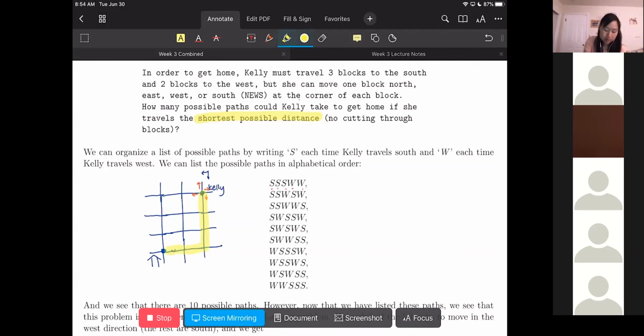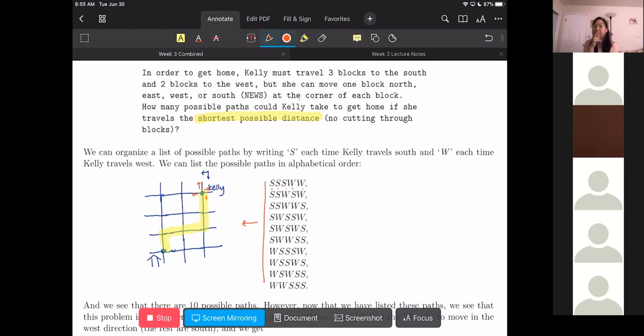The next one is south, south, west, south, west. That's another path. Then south, south, west, west, south. So we're just methodically listing them out and so on. Does everyone see how each of these corresponds to one path here?